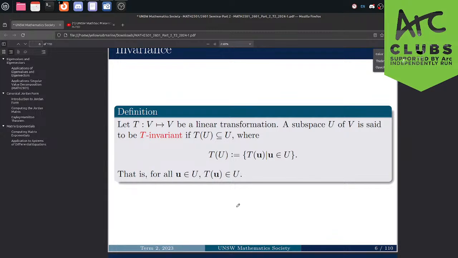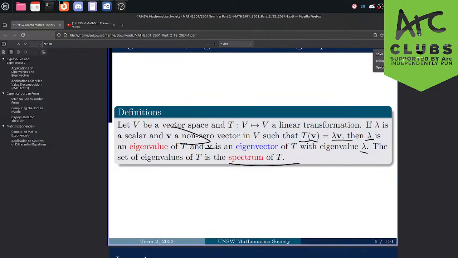Before we go into defining some properties of eigenvalues and eigenvectors, it would be good to define this notion called T invariance.